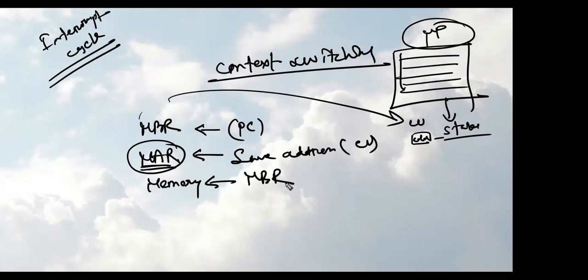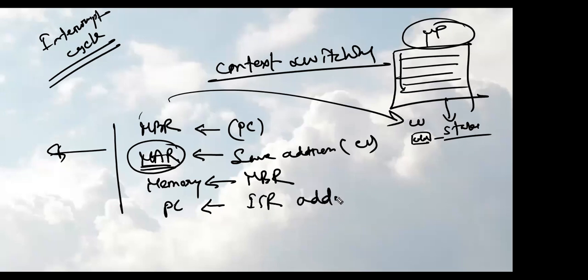What is remaining? The thing is that it is not yet showing how to start the interrupt, to execute the interrupt handler. So where will you jump? It will be jumped through the PC, so the PC value should be updated. So it is your ISR address, and this address will also be sent by the control unit.